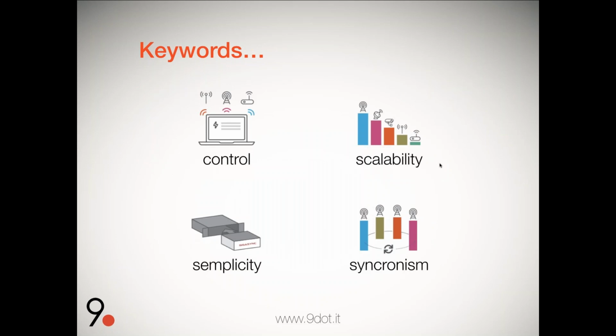So producing the GigaSync, we thought about 4 keywords. Control. We like to produce a product that gives you all the control you need over the unit. You can read every kind of parameter and set every kind of parameter just online.